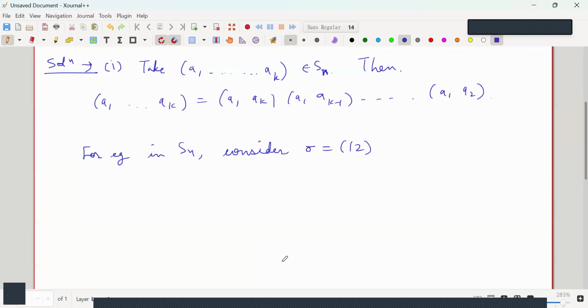So it's already a transposition, right? Then sigma is (1 2). It is also, we can write it as (1 2)(3 4)(3 4).